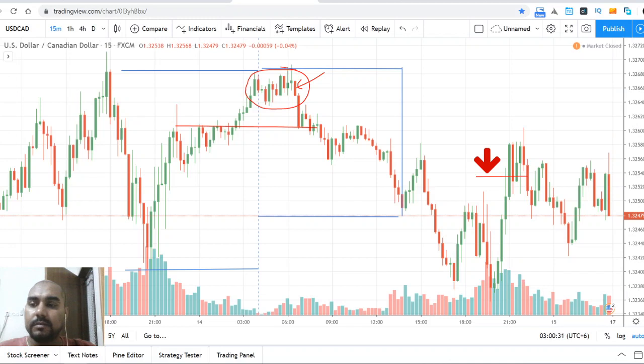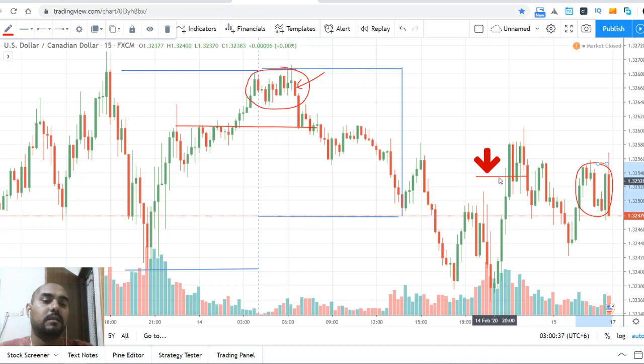I should have entered somewhere here, not here. This is too early. After this move, I needed to wait for the sellers to show me that they are back.